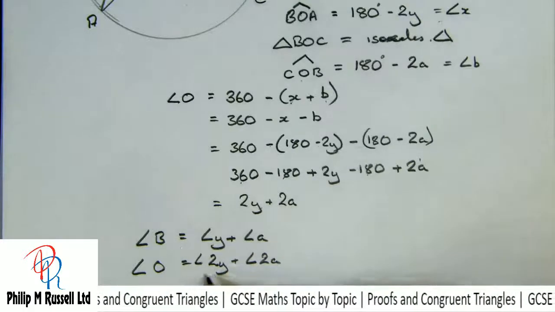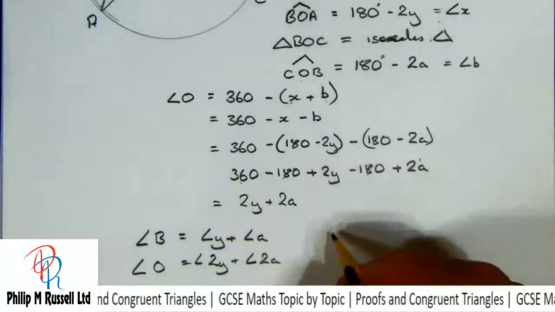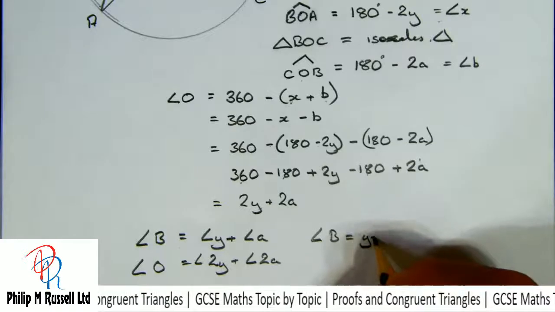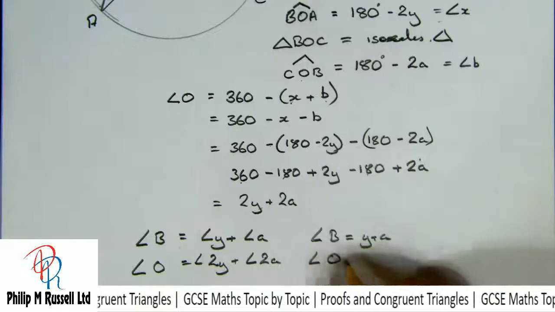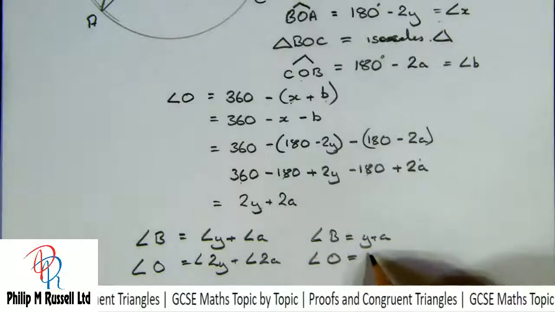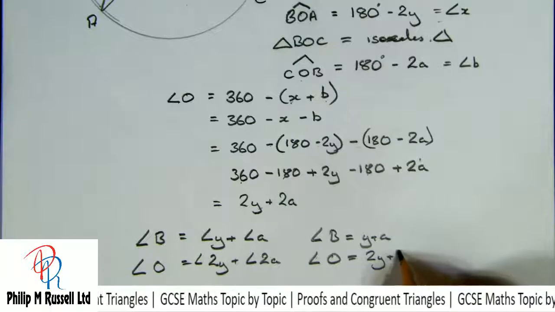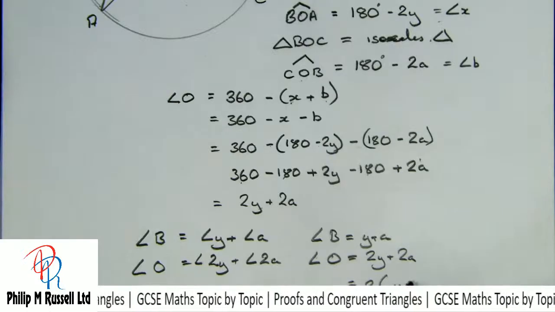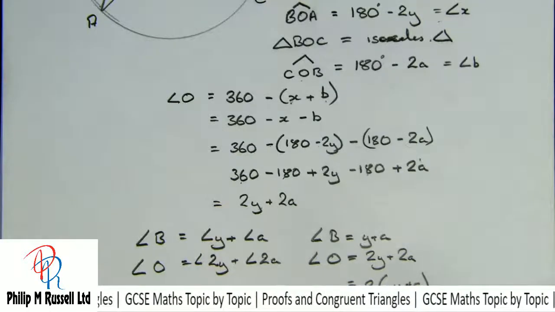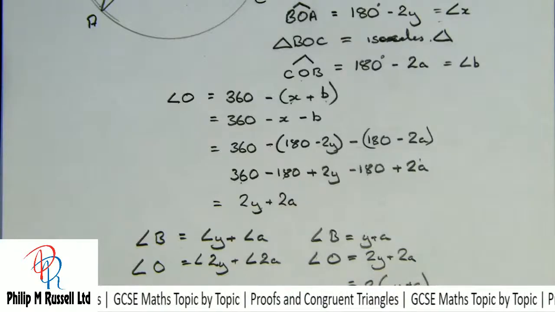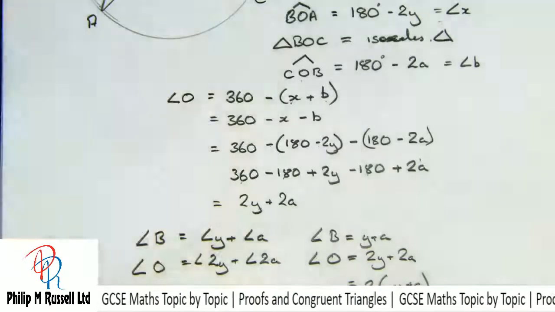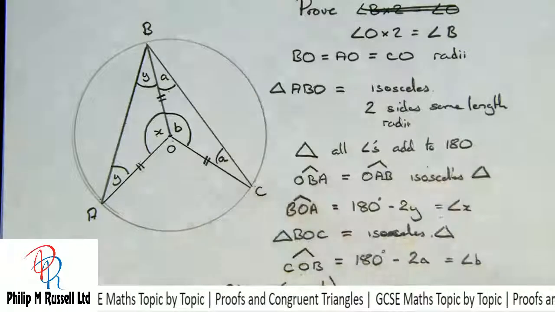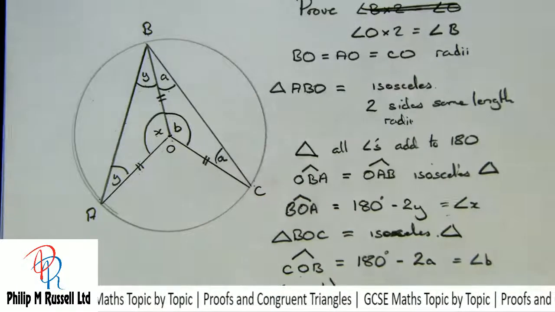So we can see here that if angle B equals y plus a, and then angle O equals 2y plus 2a, or we could write that as 2 times (y plus a), which is twice that angle. And we've proved one of these things. And in an exam, you might get some of this to do.